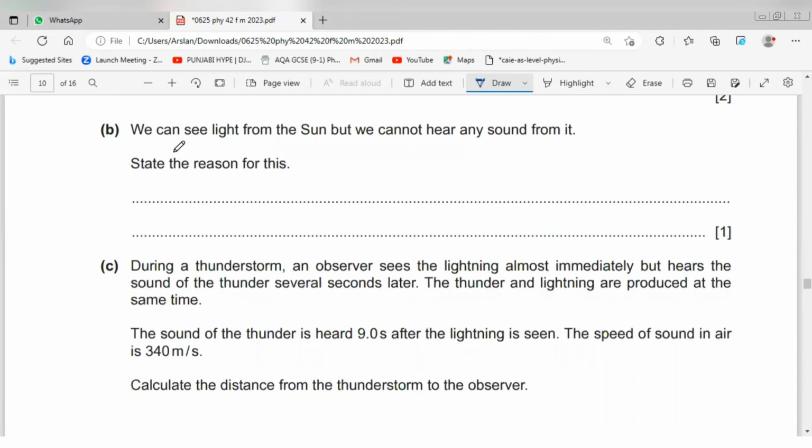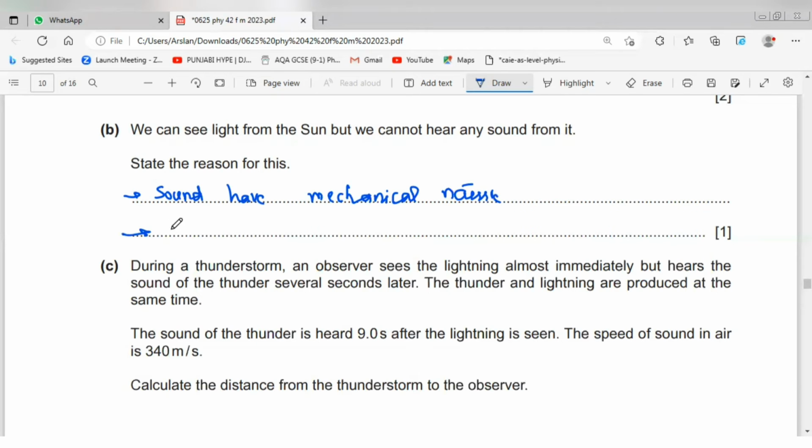Next is: we can see light from the sun, but we cannot hear any sound from it. State the reason for this. One reason is that sound waves are mechanical waves which need a medium for their propagation. So sound has mechanical nature, and you will get 1 mark, but you can write another reason.